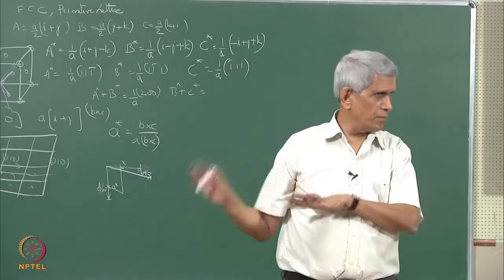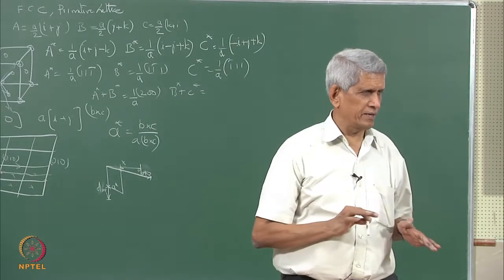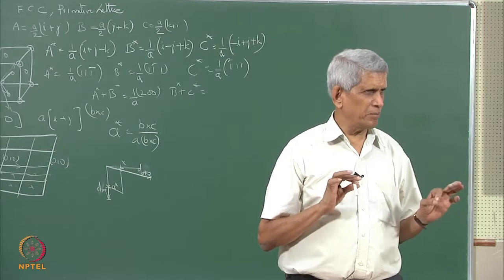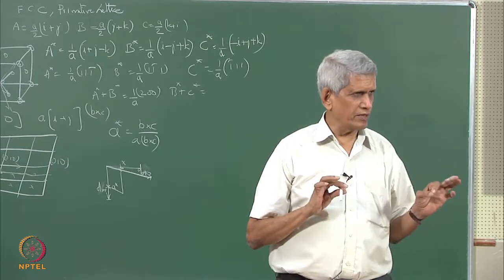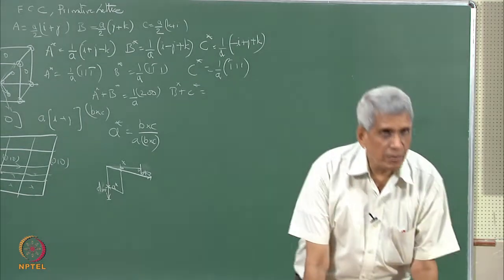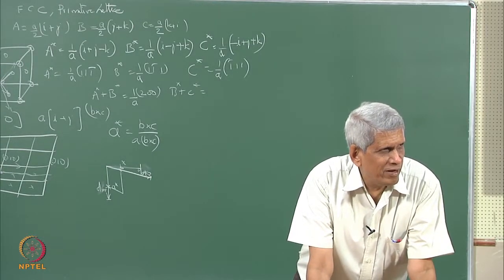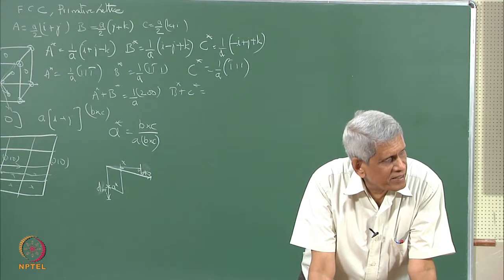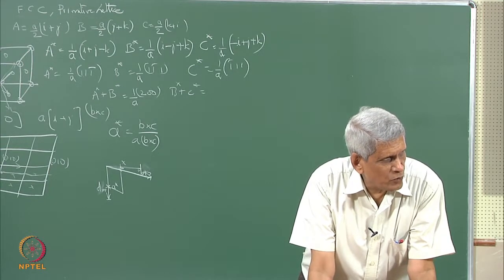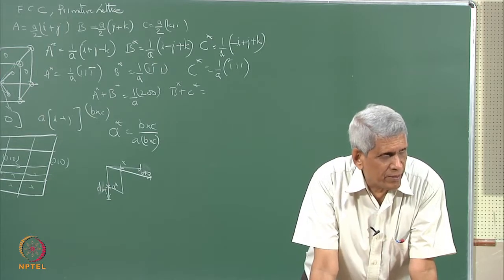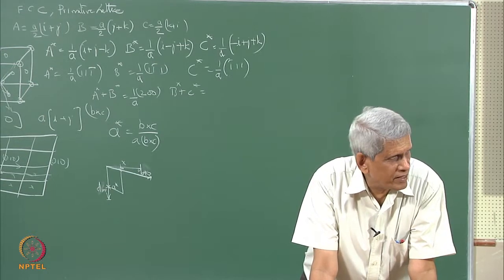This is a geometrical way, both are equivalent. But the geometrical way for simple lattices can be done for visualization, but it can become quite complicated for many lattices, whereas using vector algebra it is much easier to do. Is this clear?